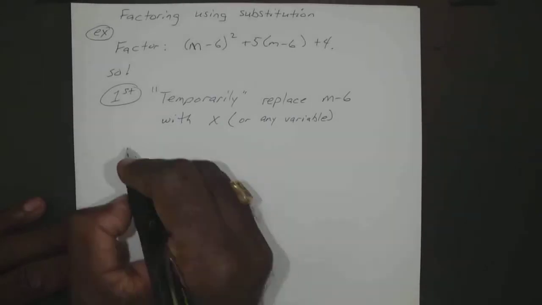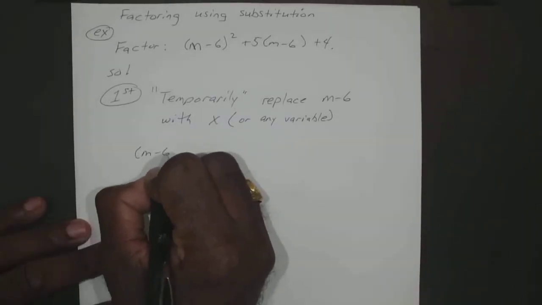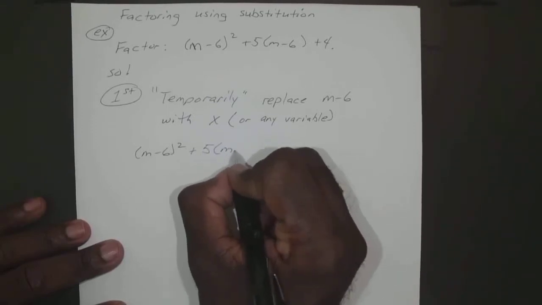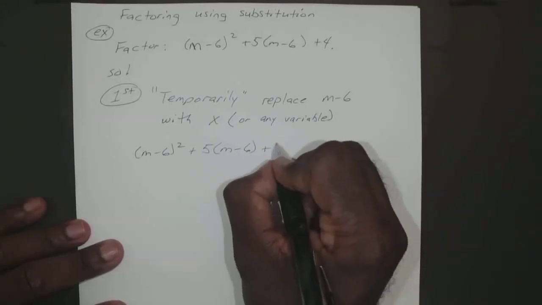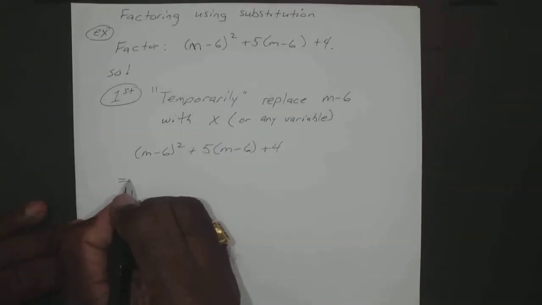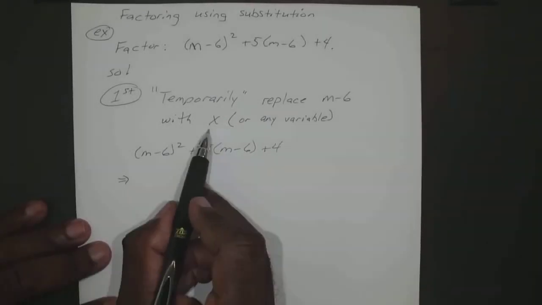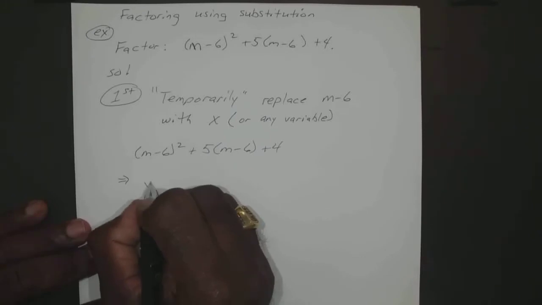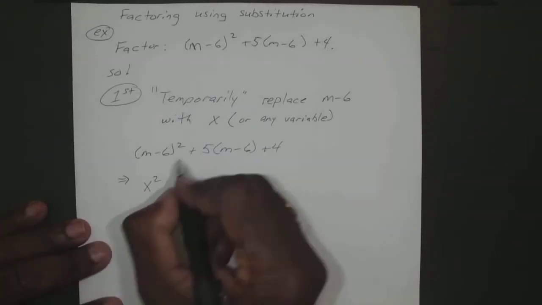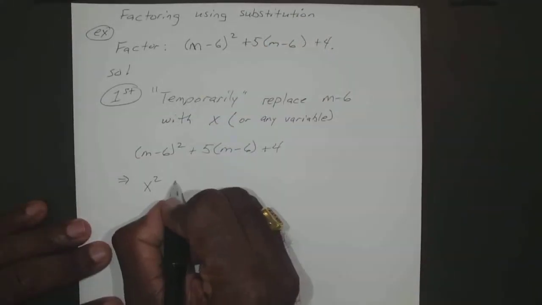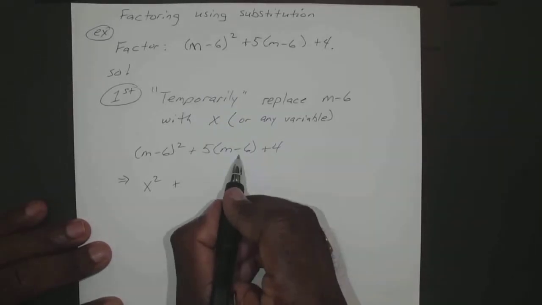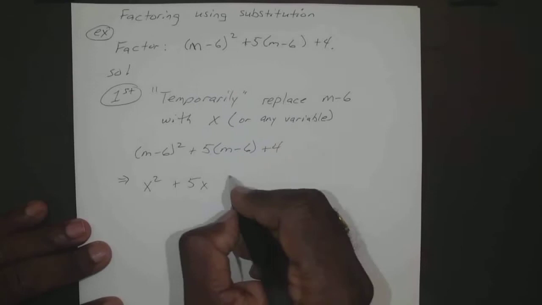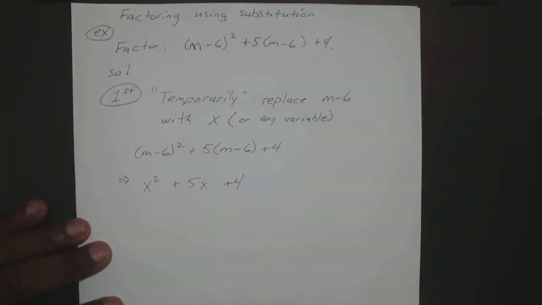Okay, so that means m minus 6 squared plus 5 times m minus 6 plus 4 will now become, m minus 6 is now x, so that leaves us with x squared, plus 5 times m minus 6 just becomes 5 times x, plus 4.